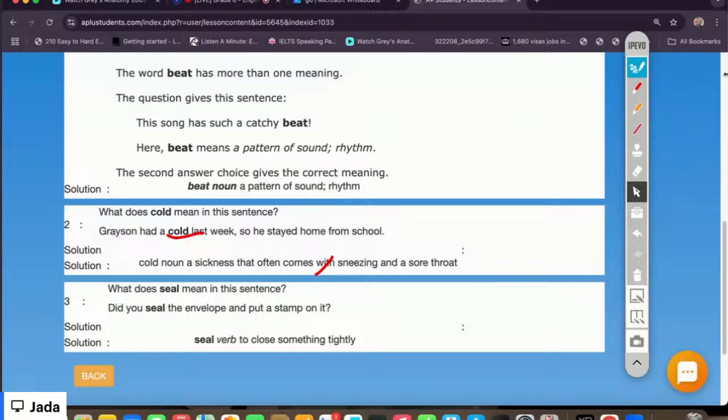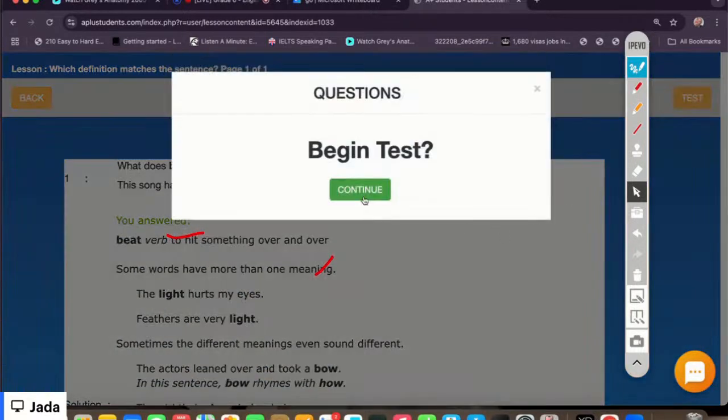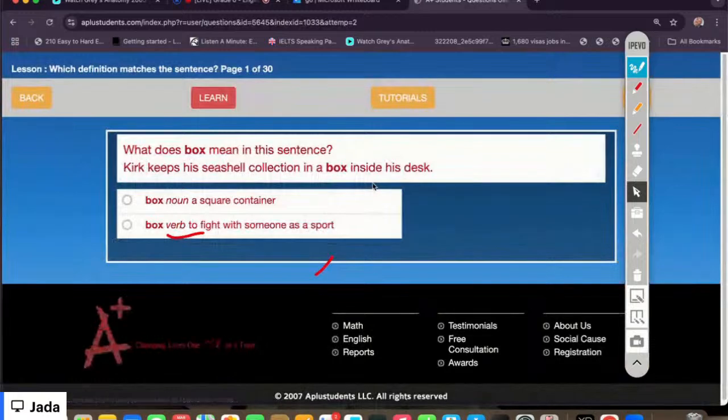All right, so we'll move on to the test now. What does box mean in the sentence? "He keeps his seashell collection in a box inside his desk." Now, what does box mean in this sentence? Box, noun, a square container; box, verb, to fight with someone as a sport. You can obviously see that box has two meanings here.